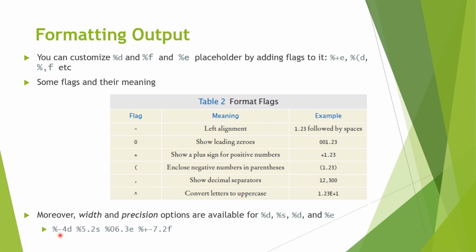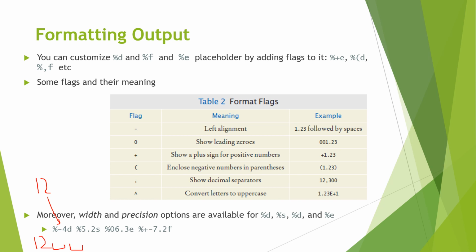That means the spaces should be trailing spaces, because the flag minus will print the value in a left-aligned fashion. For example, if you print 12 with this placeholder, then the output would be 1, 2, space, space.